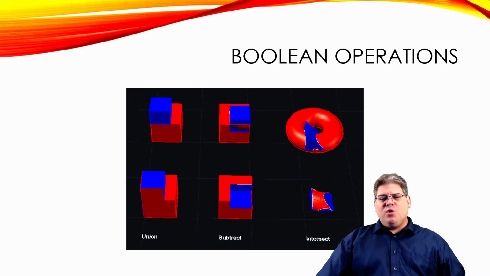There's union, which is the same as adding. Okay, there's subtraction, which is in essence subtracting one object from another, and then intersection, which compares the two and takes the similarities. So in this case, I have a wedge and a toroid, and only the areas that are interfering are left at the end.